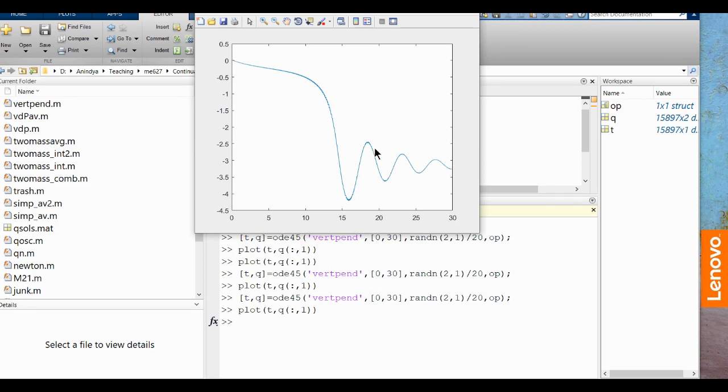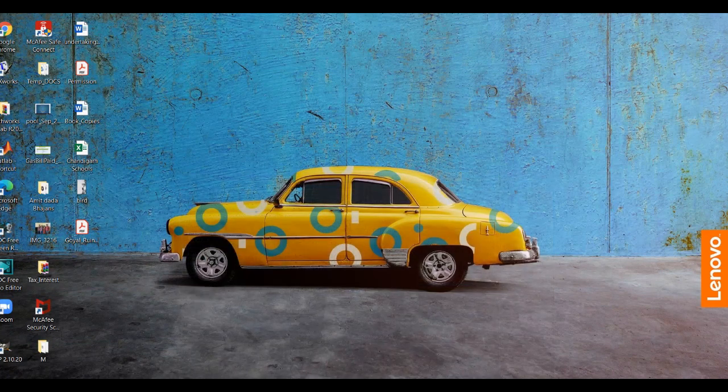Okay, so this is the system we are going to try to understand, and we will try to understand using the method of multiple scales. Okay, so let's go to Maple.